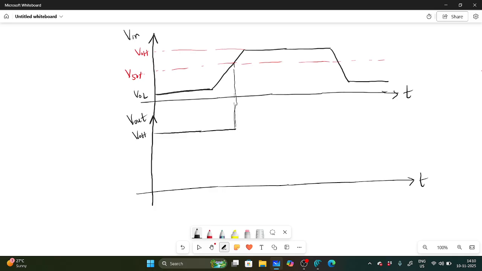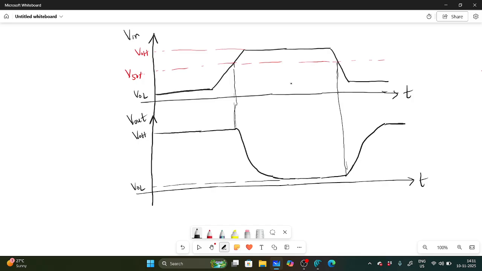Here the output will be discharged through this capacitor, and this is VOL, output low. So the capacitor will discharge and become constant. And when the input is going from high to low, during this 50%, again the capacitor will charge like this.